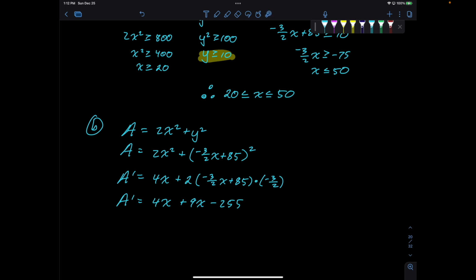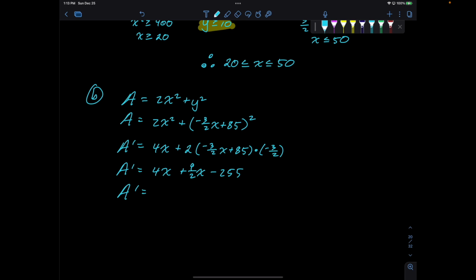So what I've done here is this and this canceled, and I distributed negative 3. So negative 3 times negative 3 halves, there's a, so I did it wrong. This gives me 9 halves. And then I distributed negative 3 to this, and I thought negative 240 and another negative 15 is negative 255. I feel like that's right.